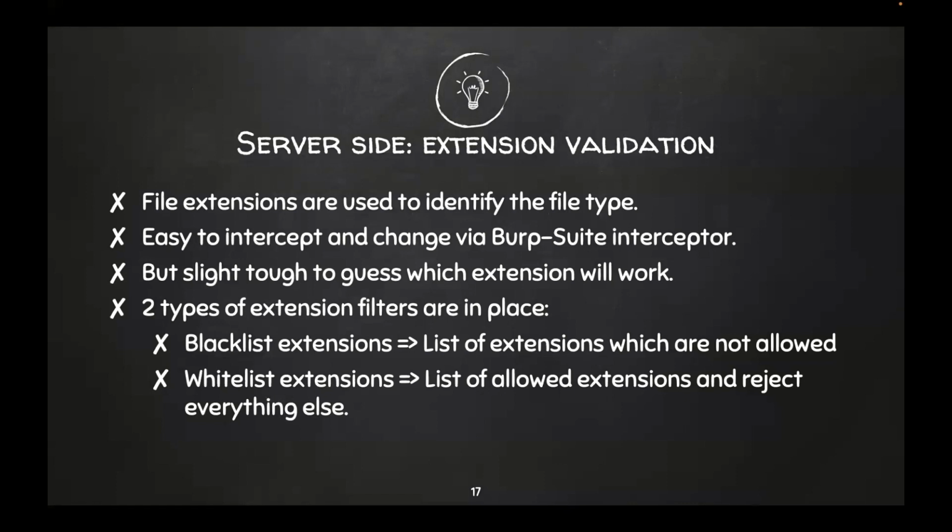In server side extension validation, there are two types: blacklist and whitelist. Let's see how we can try to bypass the server side extension validation and upload a malicious file onto the server.